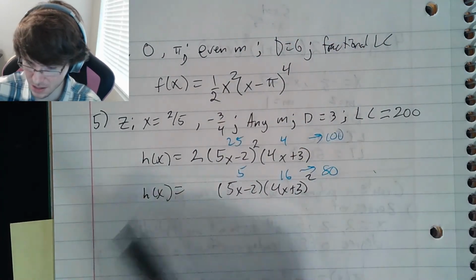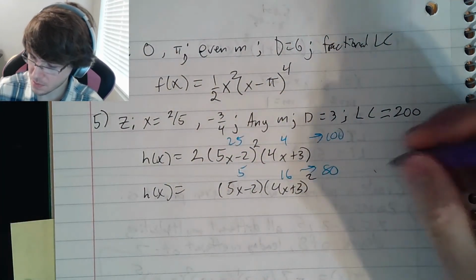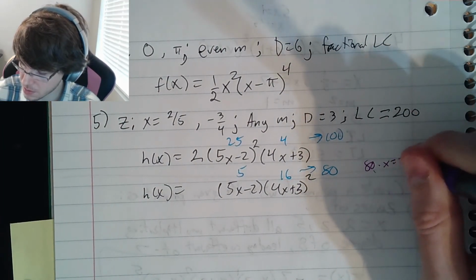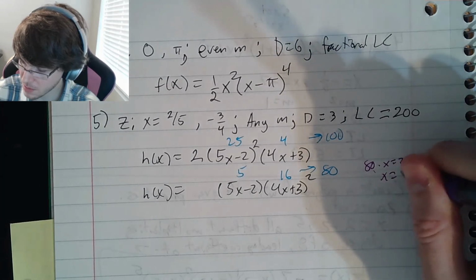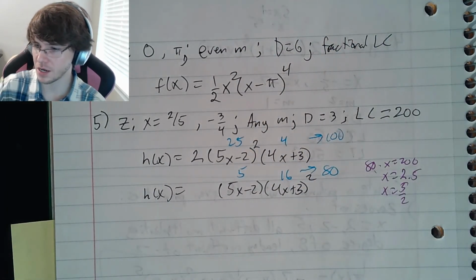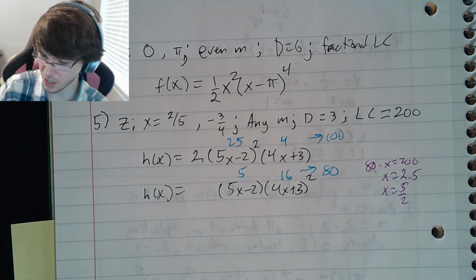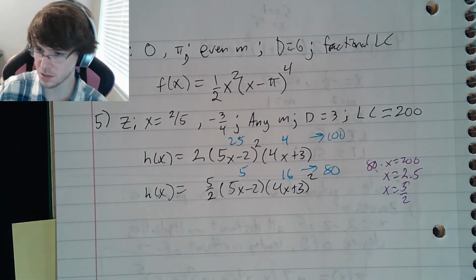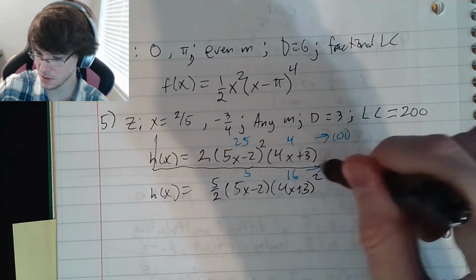It turns out that 80 multiplied by x equals 200, and if you solve this guy, you end up getting 2.5, or x equals 5 over 2 as your division if you have the fraction. So you end up with a 5 over 2 here in front. So those are the 2 possible correct answers to this question, but I do think this one is a lot easier to deal with.